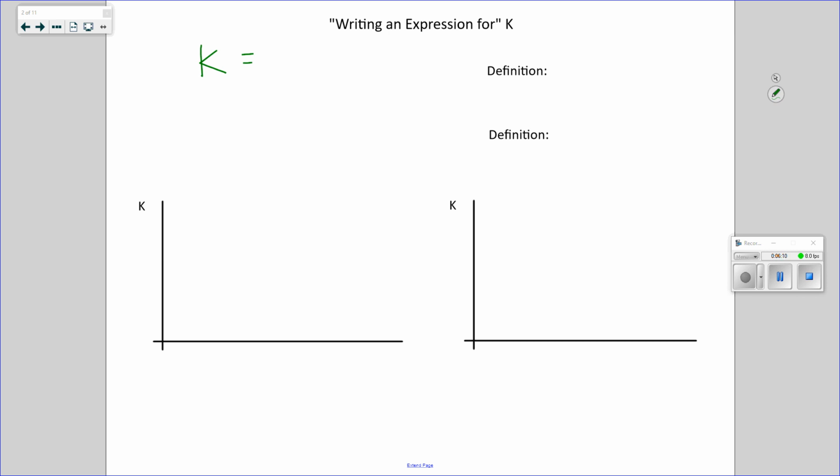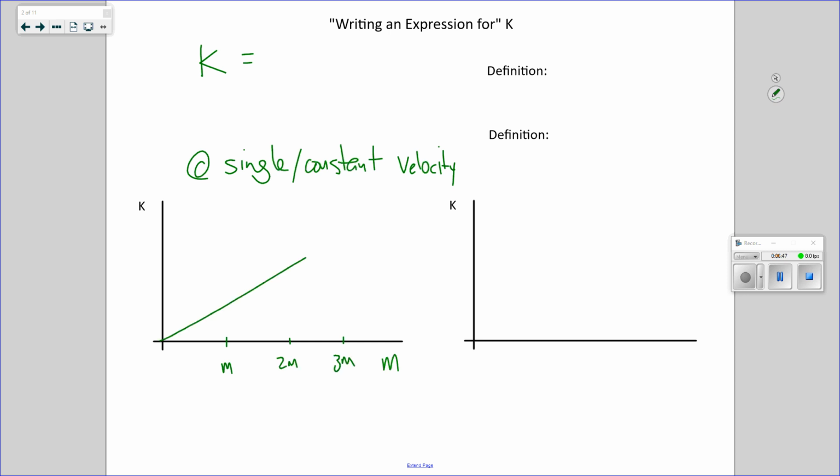And, well, let's see. It goes as simple as this. How simple do I make this? Well, how about this? If we look at K as a function of M, so for a single slash constant velocity, the more mass an object has, M, 2M, 3M, the more kinetic energy it has.